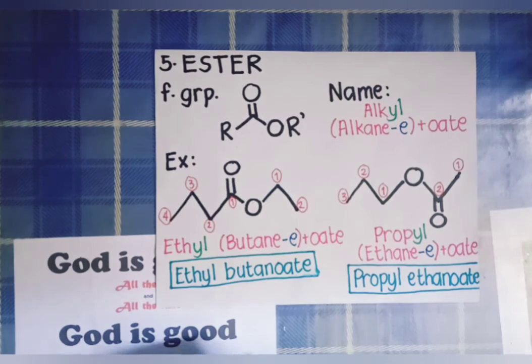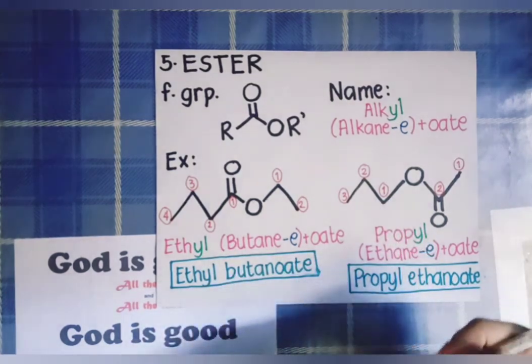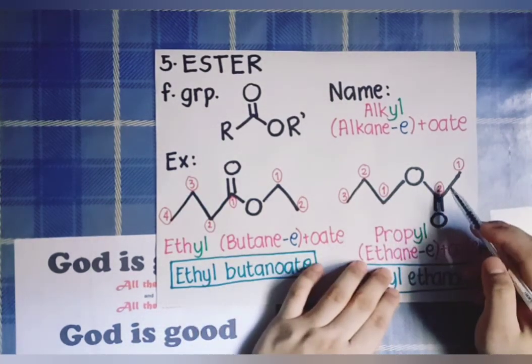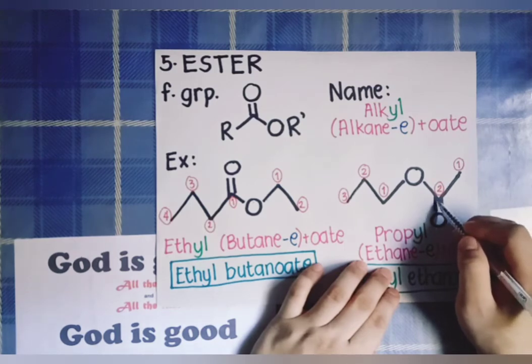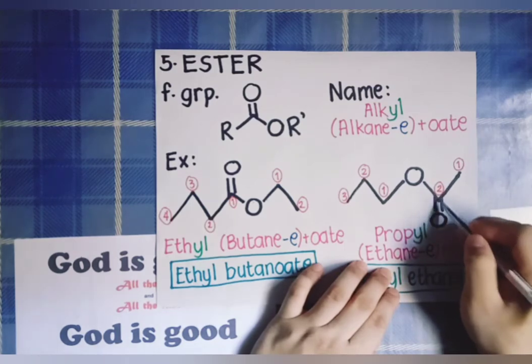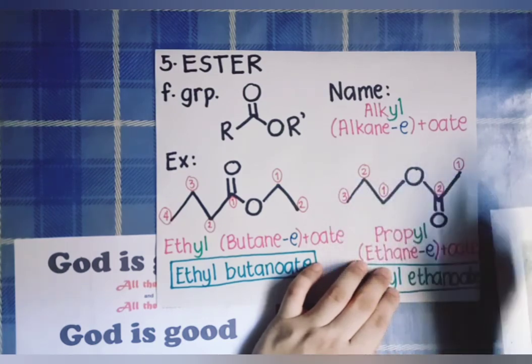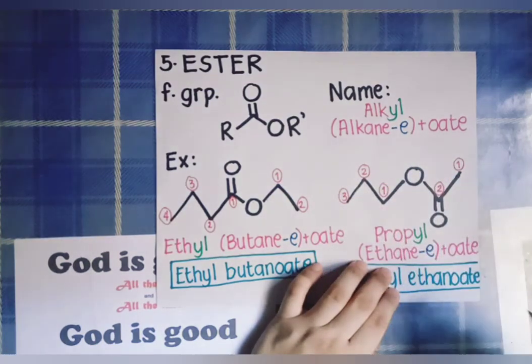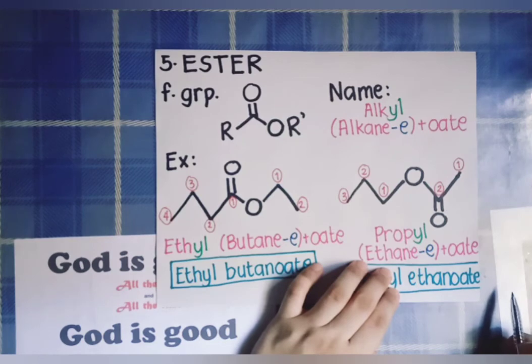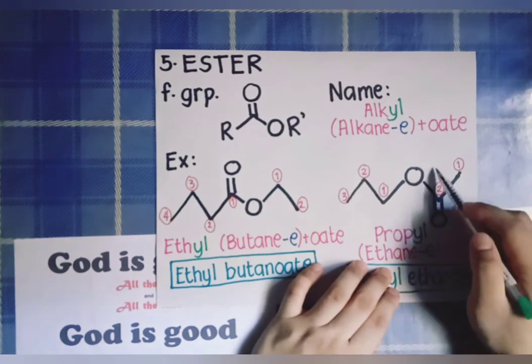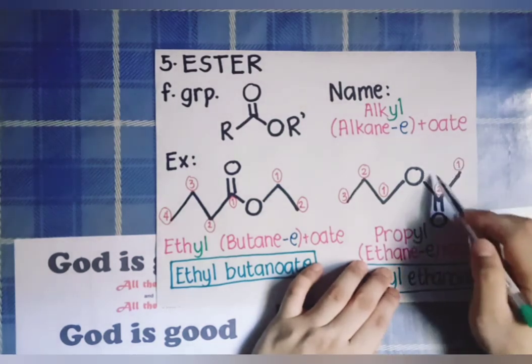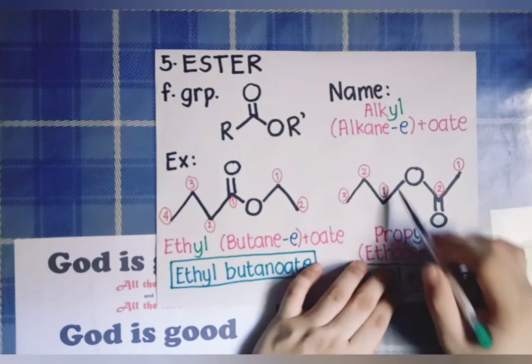For our next example, let's have this one. Obviously this is also an ester because it consists of C double bond O, and then an O, and then another chain of carbon. Now for this one, the side that contains the C double bond O is this side, and the side that doesn't contain the C double bond O is this side.